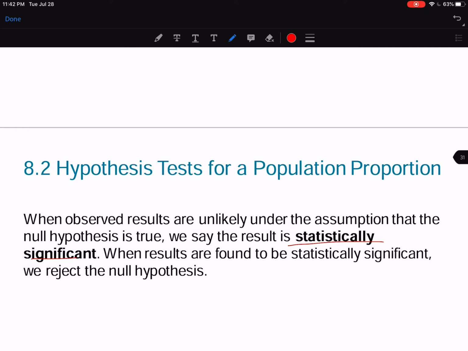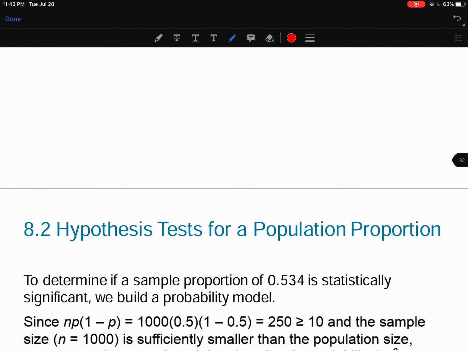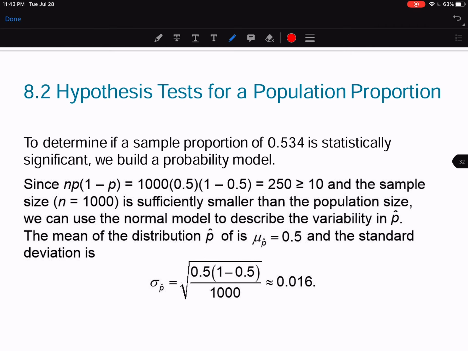When results are found to be statistically significant, we reject the null hypothesis. So basically, if we have a result that is statistically significant, then we're going to reject the null hypothesis. That's what it means when we say some results are statistically significant.